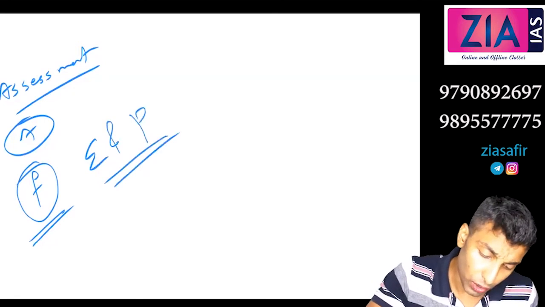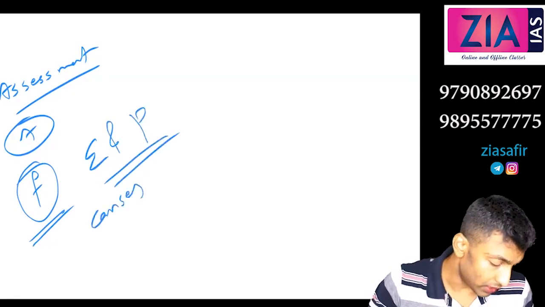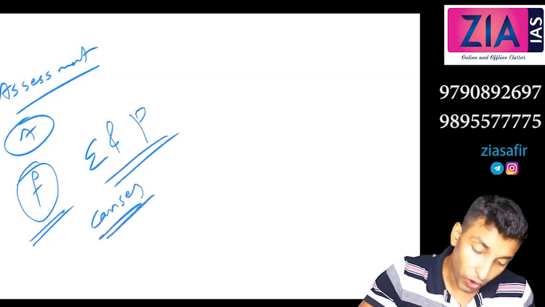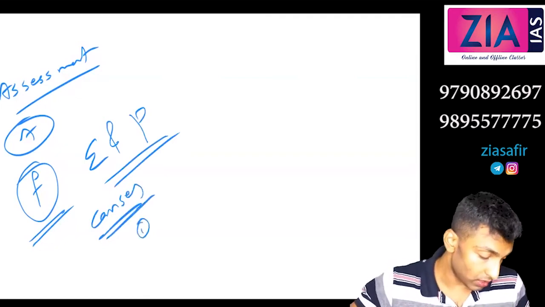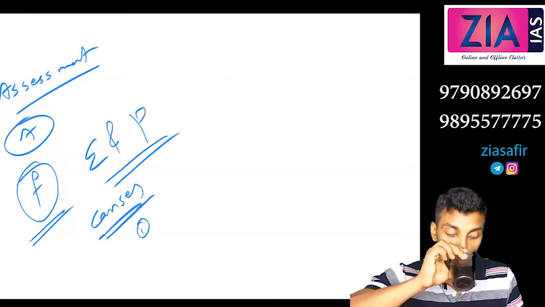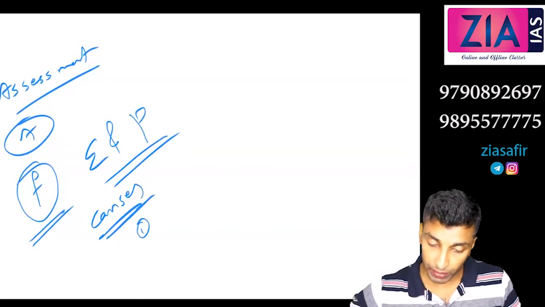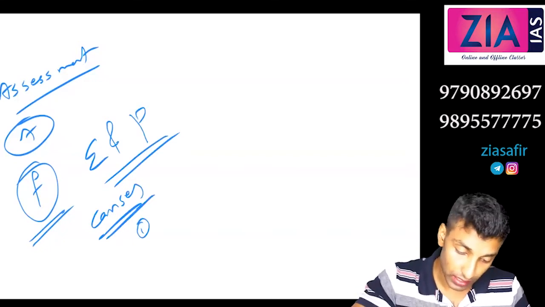You can also write the causes for losses. What do you think will be the most important cause for this loss? The most important reason for the losses is actually priority sector lending.